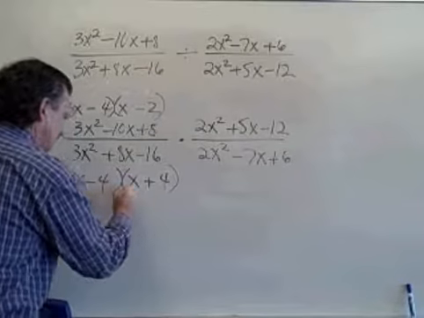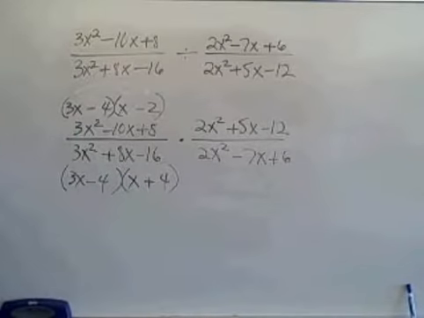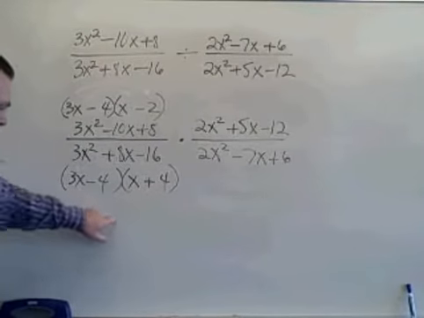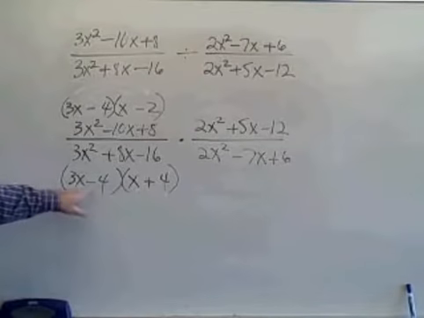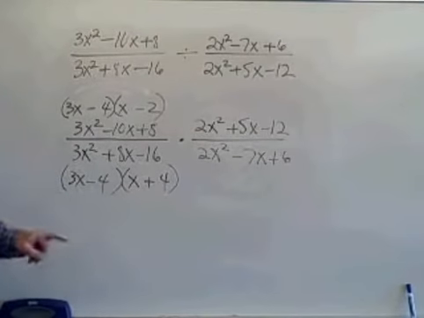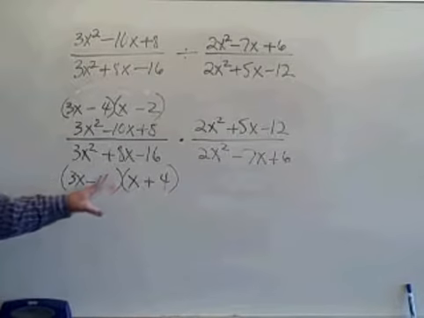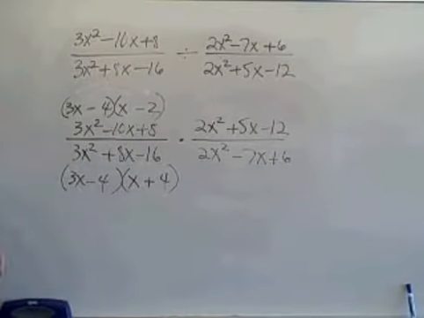And so this would be x. And will this arrangement give me plus 8x? 3x times plus 4, that would be plus 12x, wouldn't it? And minus 4 times x under the I of FOIL would be minus 4x. And plus 12 minus 4 combines to plus 8x, doesn't it?